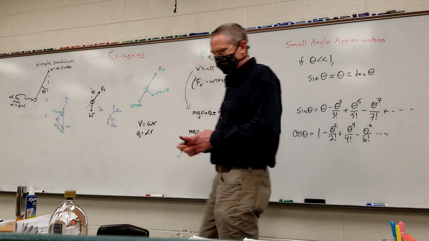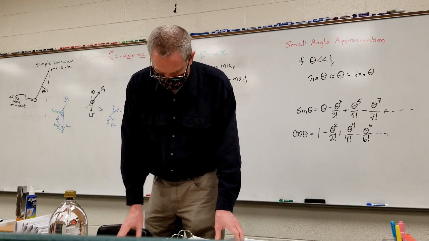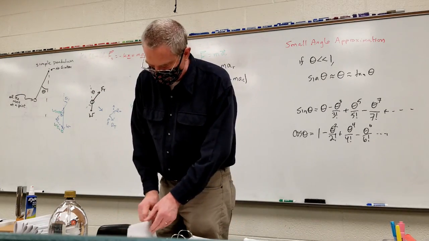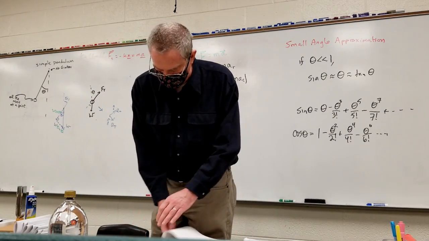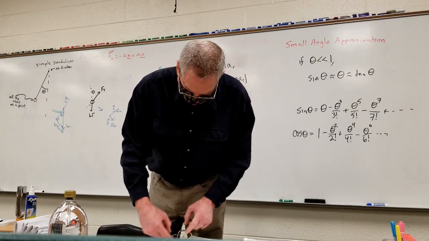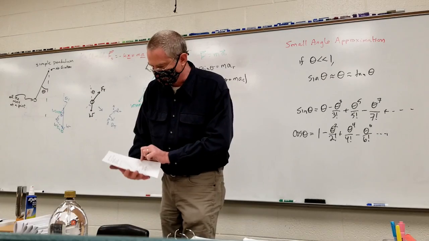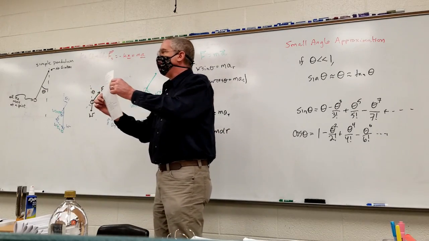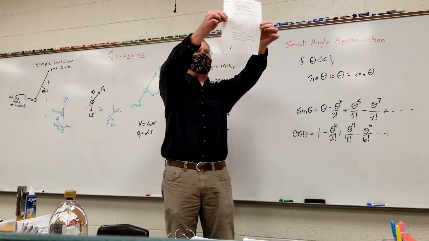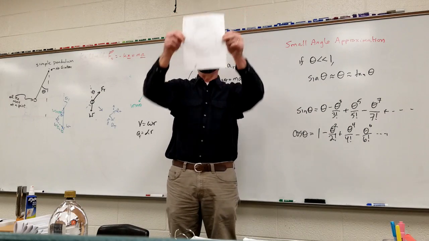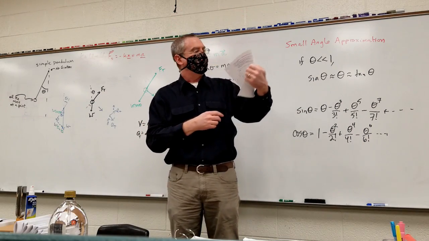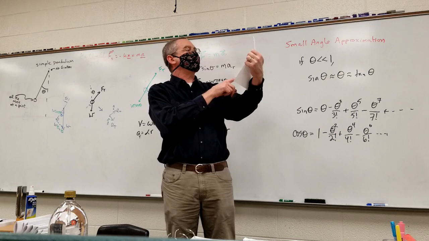Now, how close is this? How legitimate is this approximation? I have a graph right here. Conveniently, what are the odds? I'm hoping all of you have eagle eyes and you can see the 3 different lines there. We have the blue one on top, that is tangent.